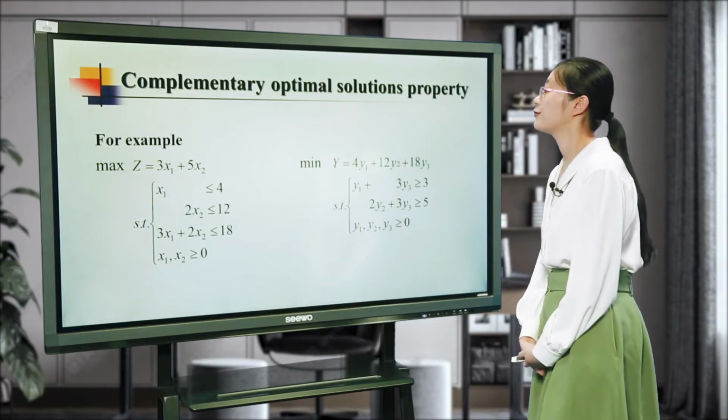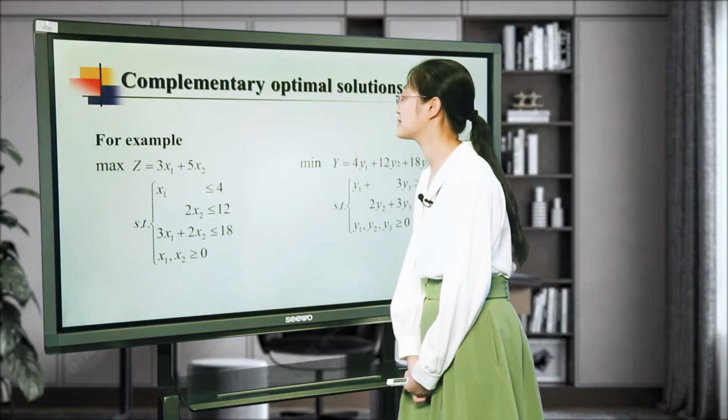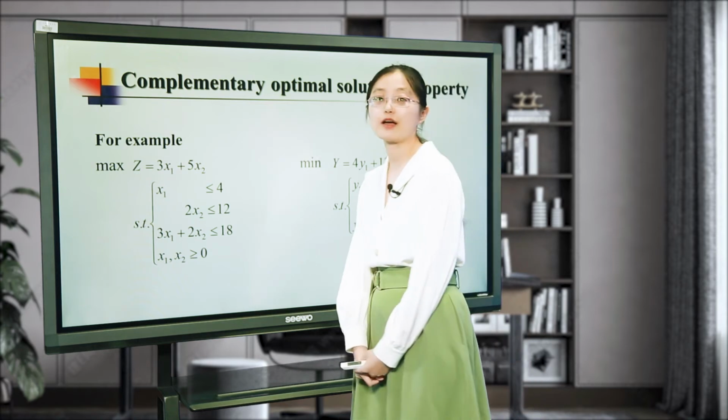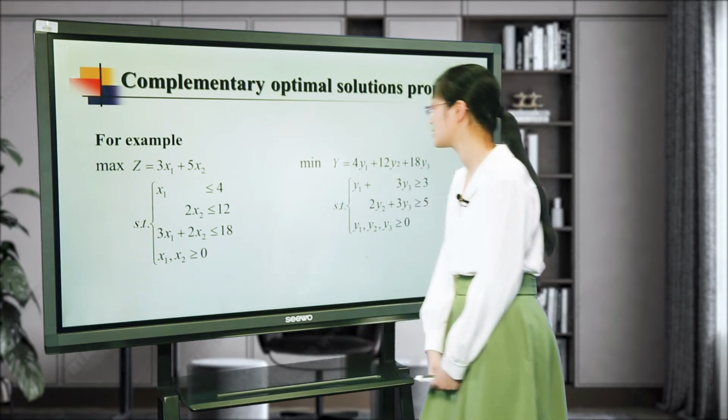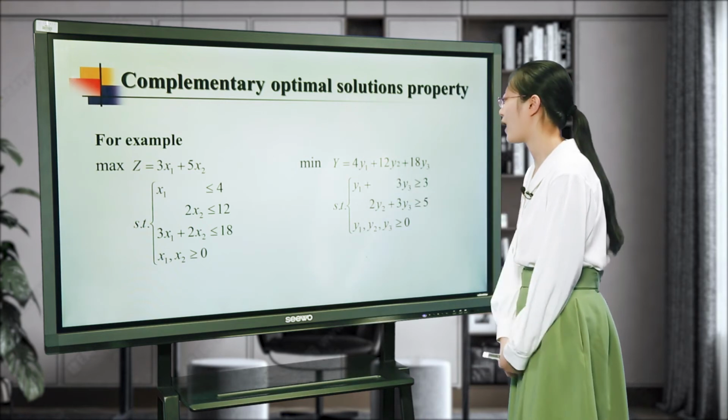For example, if we have this linear programming problem of maximizing z equals 3x1 plus 5x2 with all these conditions, we can build up a dual problem of minimizing y.